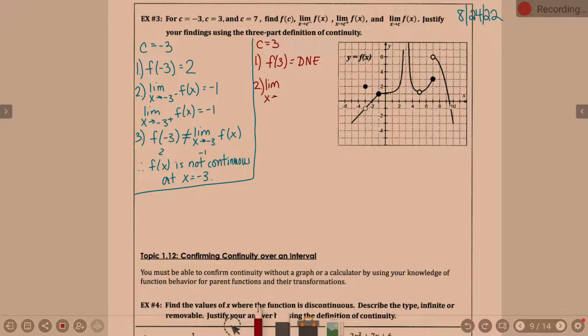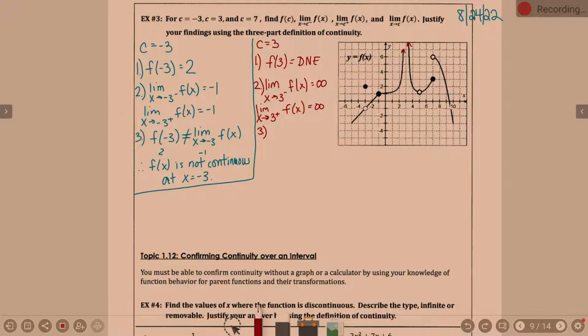what is the limit as x approaches 3 from the left? And that is, remember, this is the same graph as yesterday, isn't it? We're going to assume those are arrows because they're not points, and so this is positive infinity. Limit as x approaches 3 from the right. Well, it also goes up, so it is positive infinity.